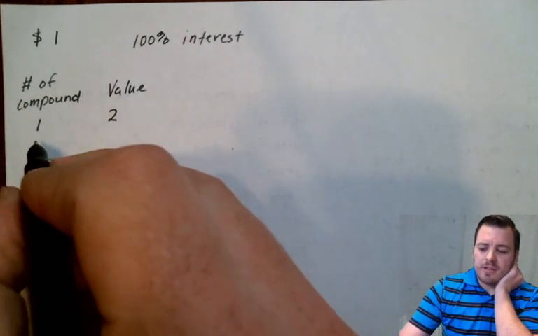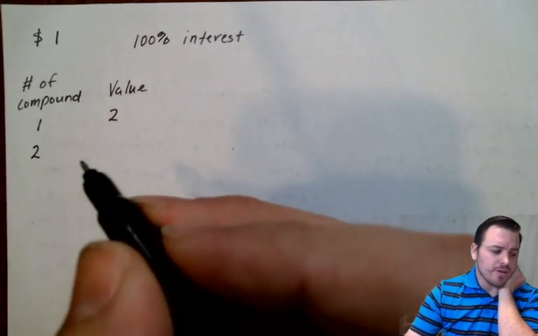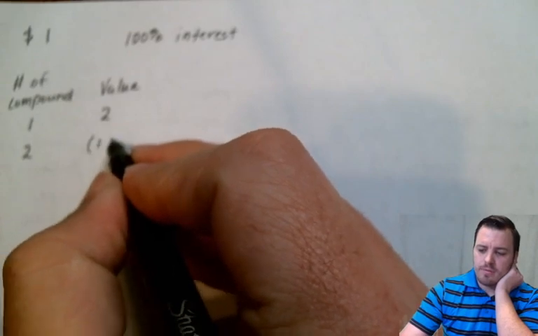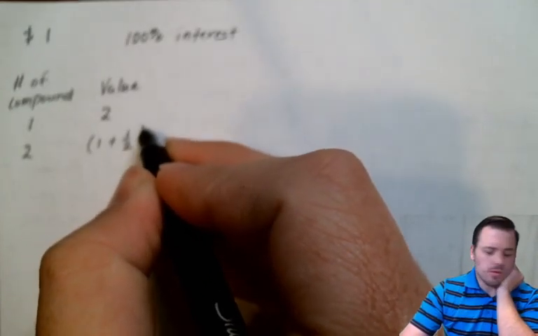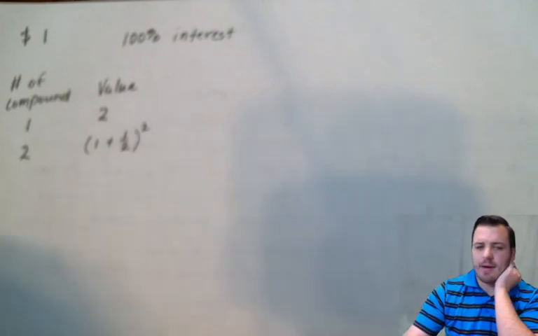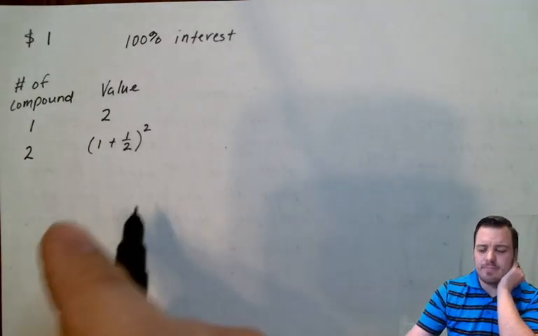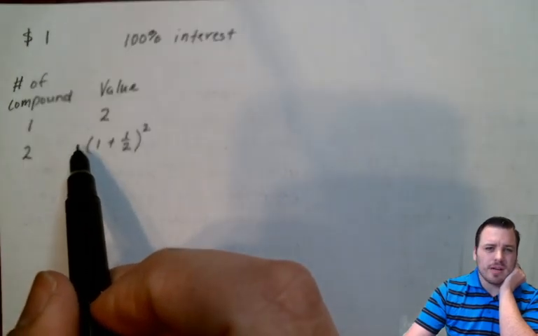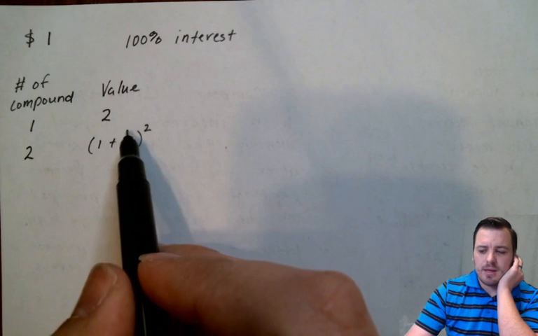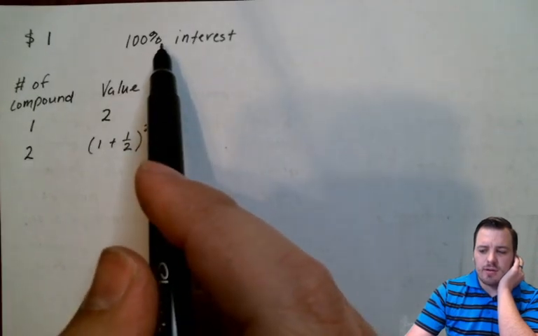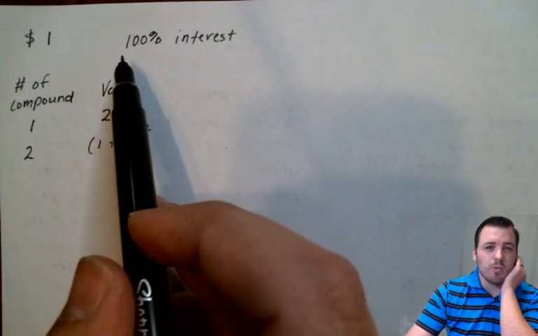So if it compounded twice, we can use our formula. 1 plus 1 over 2 raised to the second power. We're not dealing with time. Our initial amount's 1, so we don't have to write that there. 1 is our interest, right? 100% as a decimal is simply 1.